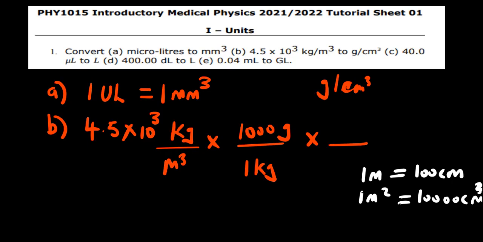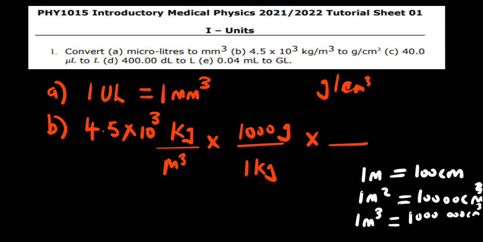Now what if you have 1 meter cubed? That will mean you are multiplying 100 3 times. If you're multiplying 100 3 times, you're going to have 1 and 6 zeros, centimeter cubed. So 1 meter cubed is equivalent to 1 million centimeter cubed.